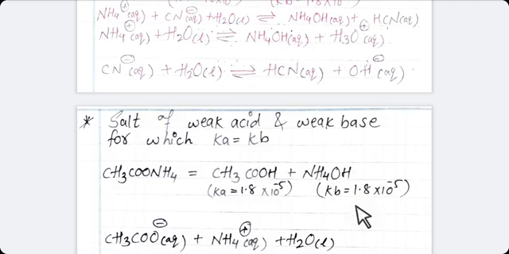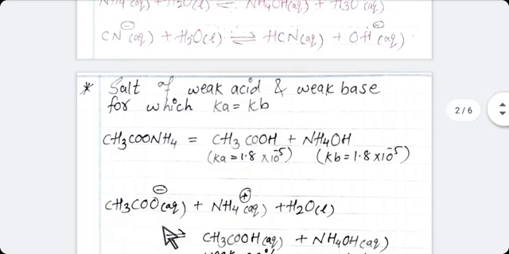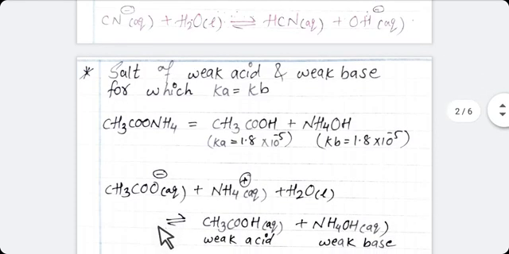When the salt ammonium acetate is dissolved in water, it undergoes hydrolysis and we get the reaction. CH3COO minus, the acetate ion, and NH4 plus, the ammonium ion, react with water and give again a weak acid and weak base, acetic acid and ammonium hydroxide.